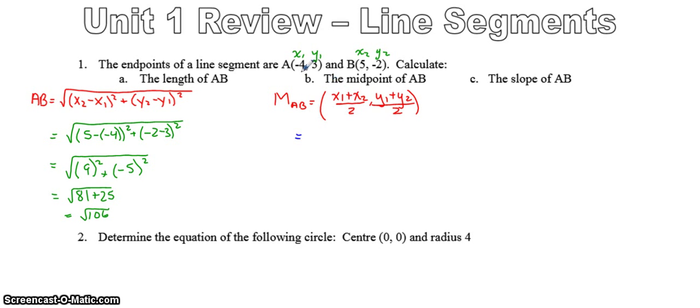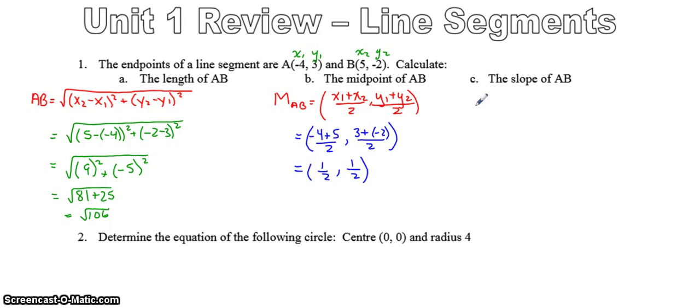So we have -4 plus 5 and 3 plus -2. And since it's a coordinate, make sure you've got those brackets going around. So -4 plus 5 is 1. 3 plus -2 is also 1. So our midpoint is at half-half.